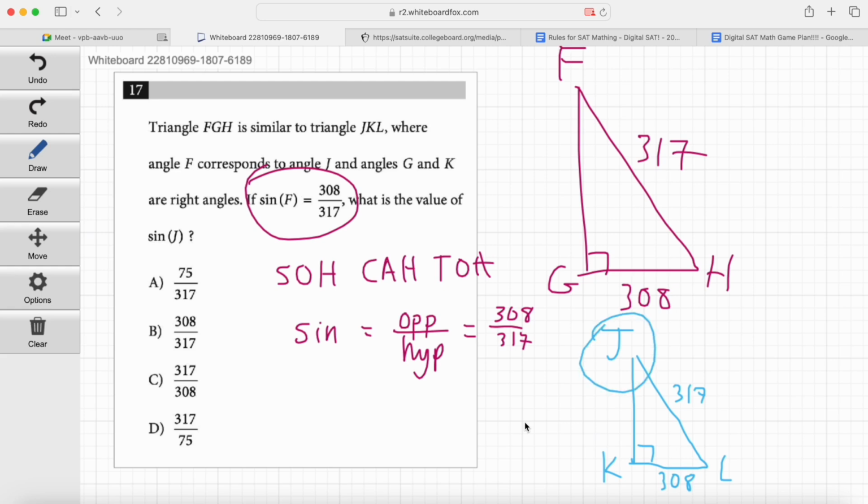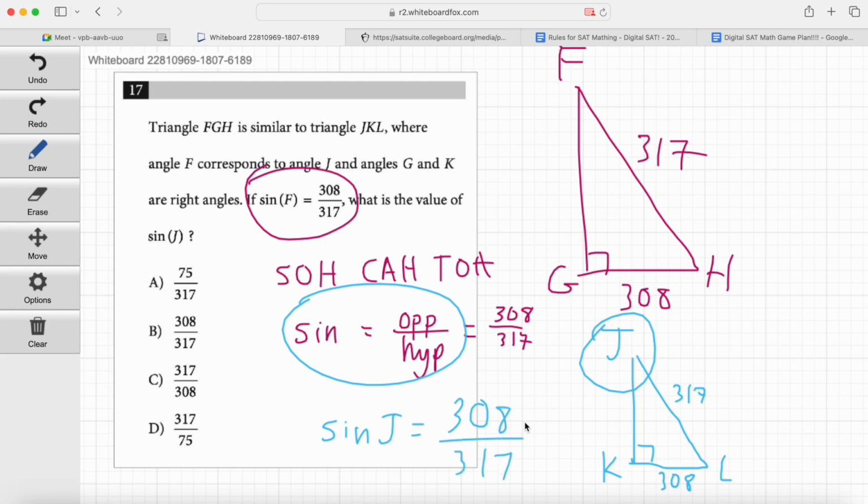So all you do is find the opposite and the hypotenuse of J, because sine is opposite divided by hypotenuse. So let's find the sine of J. What's the opposite of J? 308. What's the hypotenuse? 317.